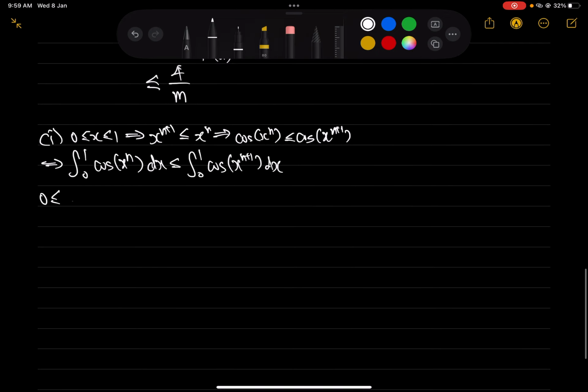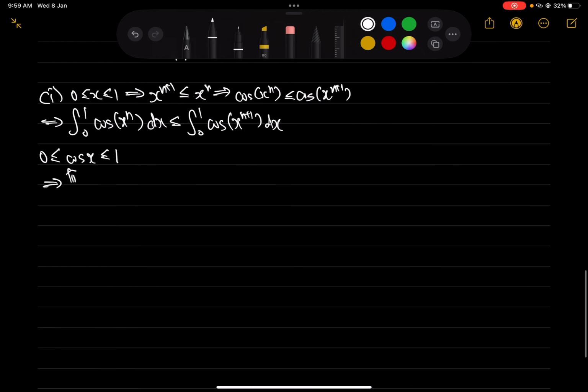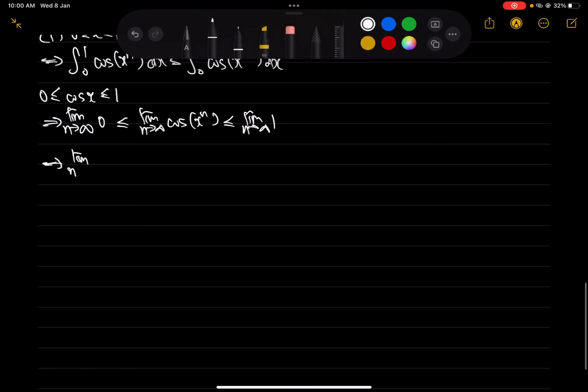So we know this, so we're going to use this to imply limit 0 is less than or equal to limit cos of xn, integrated as well, we'll do that in the next step. 1, which implies limit, integrating 0 just gives 0, so I'm not going to do this.